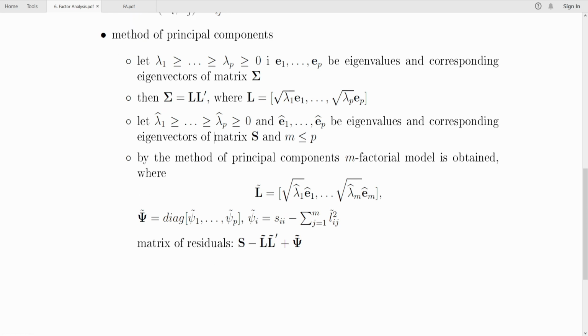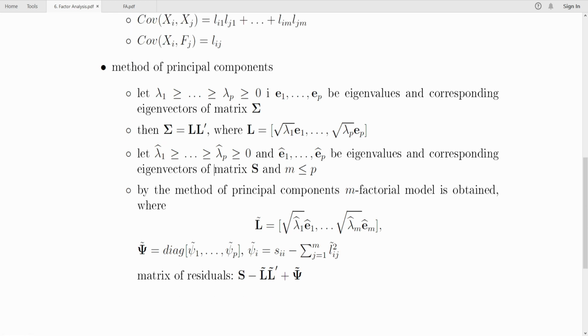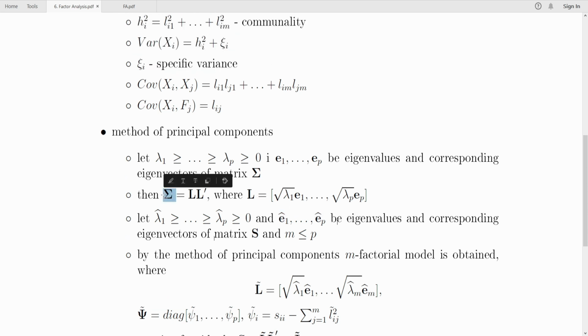We will also mention that there are other methods of estimation, like the method of maximum likelihood or regression. Note that we write lambda 1 hat when we have the sample covariance matrix, with eigenvalues and eigenvectors with hats. It means they are taken from the sample covariance matrix instead of the population covariance matrix.